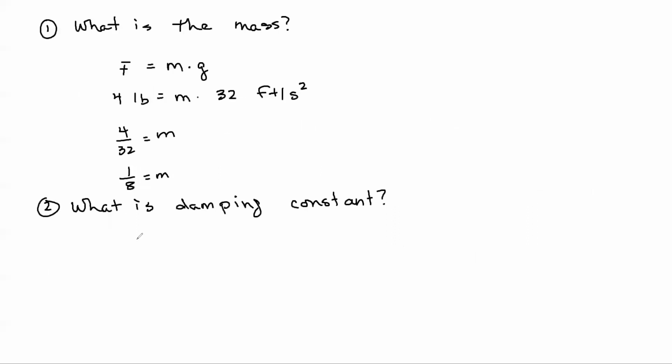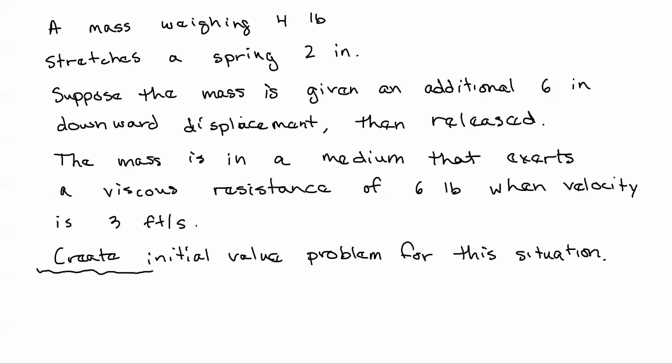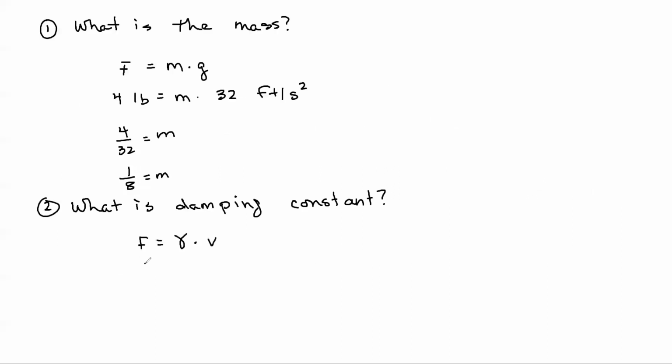For damping, the force is equal to the damping constant times the velocity. It tells us the force is 6 pounds when the velocity is 3 feet per second. We're just going to do away with the units here. And so if you divide this, you get 2 equals the damping constant.